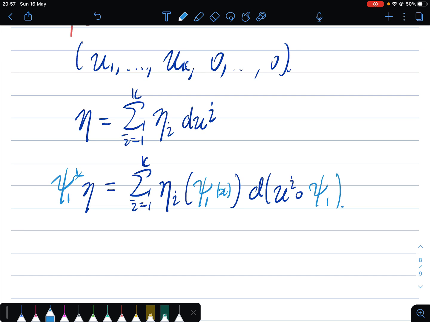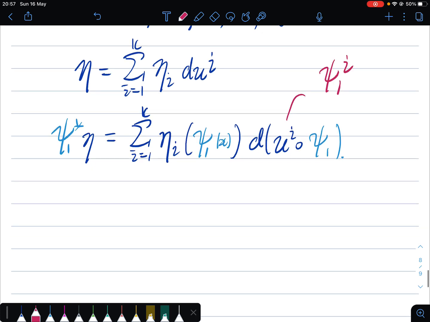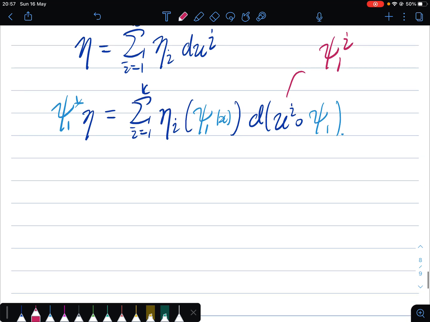And then by definition, it's indexed by I, and by the chain rule, we get the following result.